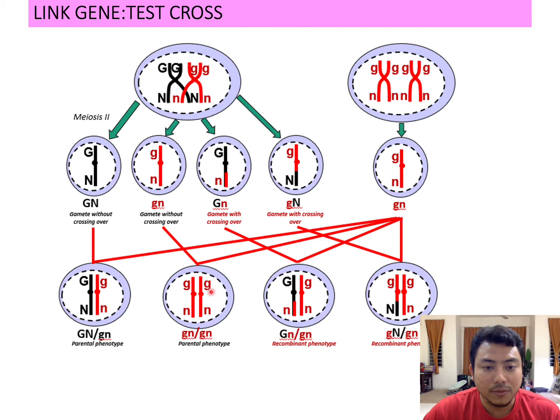However, this offspring, small g, small n, is identical with this parent. That's why it is called parental phenotype. Same goes with this one. However, these two are called recombinant phenotype because they are not exactly like their parents, neither similar to any of the parents. They are only a combination of both parents.